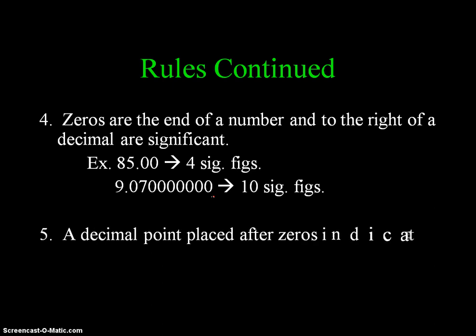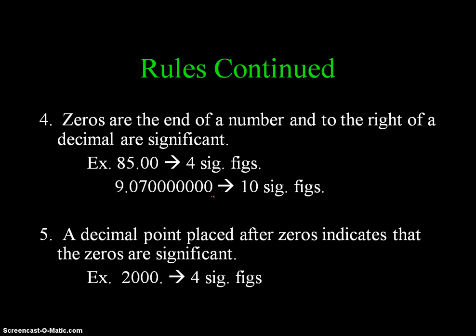Number 5. If you have a decimal point after the zeros, it indicates that the zeros are significant. This is a tricky one because this means from this point on, whenever you do math, the decision to put a decimal point after your number is now a decision that you have to make on purpose because it is an indicator of how many sig figs you have.